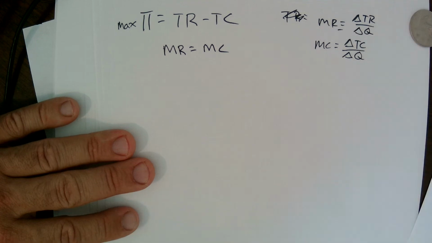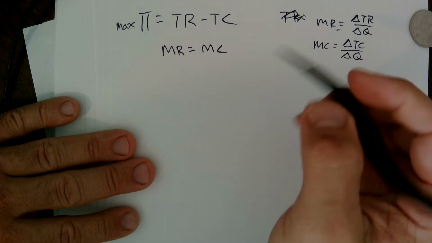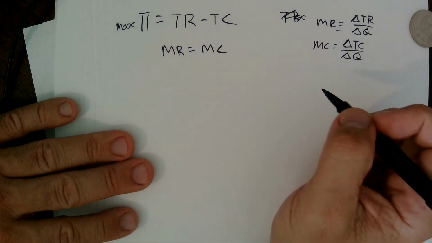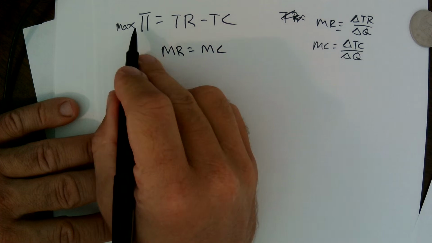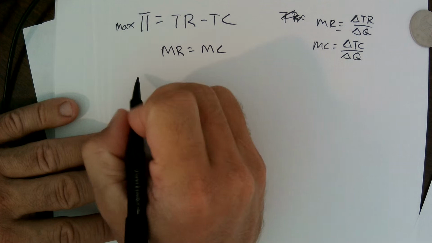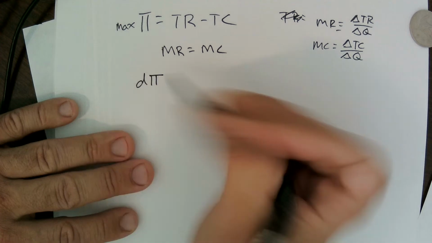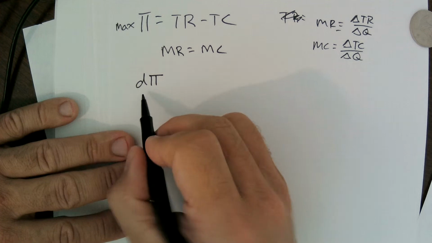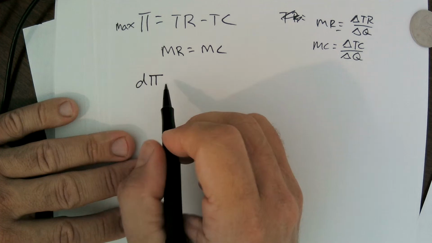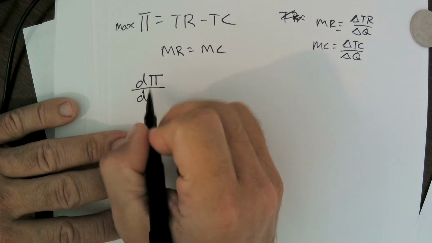Okay, so why is this optimal? Well, if we look at how profits are going to evolve, we can take the total differential, which will be the change in profit. We can decompose the change in profit with respect to Q in this case.